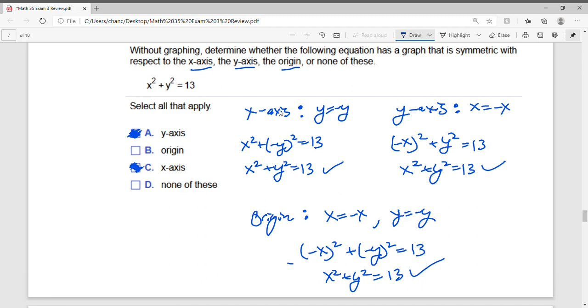So yes, this is also symmetric about the origin. So it's all three of these symmetries, which kind of makes sense because we're talking about a circle. This is a circle centered at the origin, so it's symmetric about the x-axis and also symmetric about the y-axis. So that makes perfect sense.